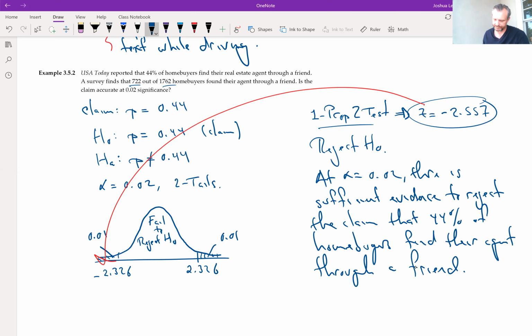Okay. All right. So again, you're seeing some general procedure here, right? We mathematicize the claim. That's the first thing we do.